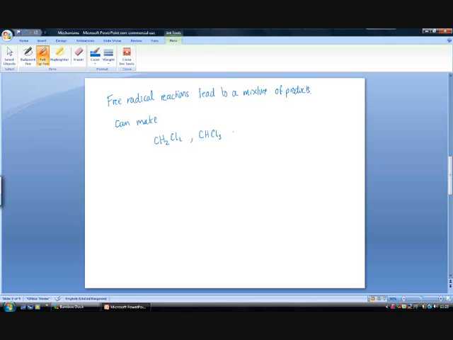You could end up with dichloromethane because the chloromethane could then react with the chlorine to produce dichloromethane. You could produce trichloromethane and even tetrachloromethane. Also, as we've seen, you can generate ethane, and the ethane itself can undergo halogenation and form chloroethane.